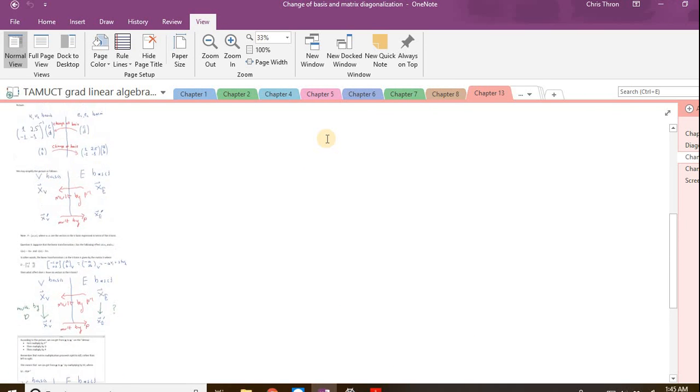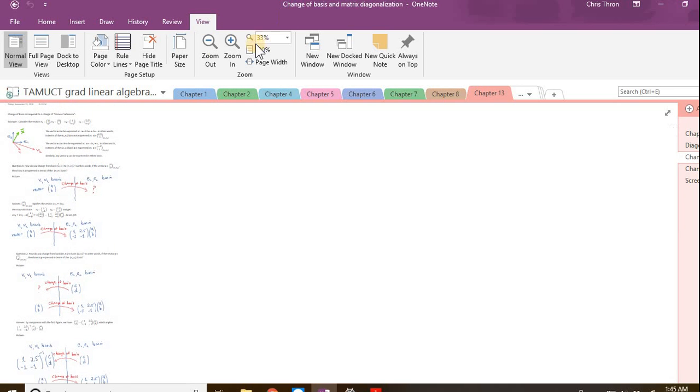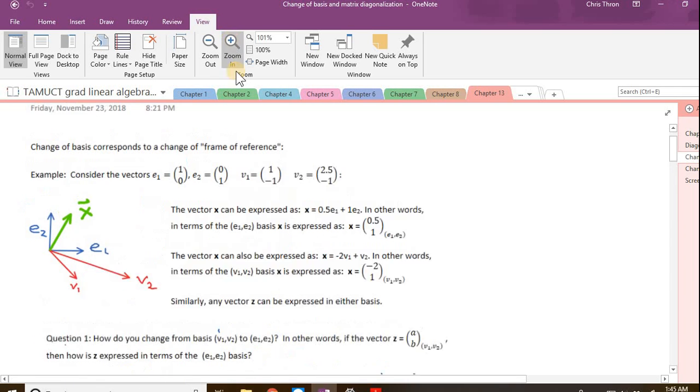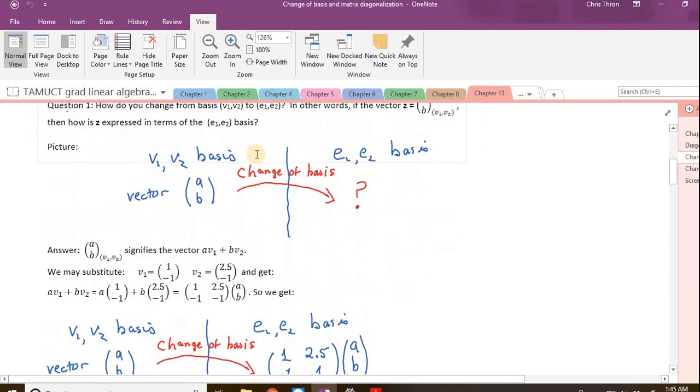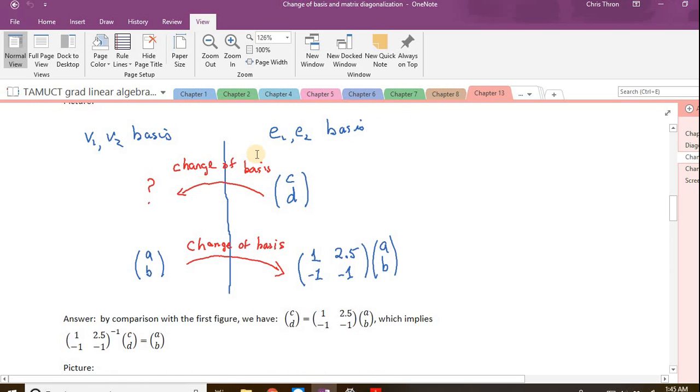Okay, in fact, it looks to me like this is exactly the situation we're looking at. Let's zoom in. That was from the YouTube video. Right, so this is on the OneNote page. You're changing from the V1, V2 basis to the E1, E2 basis. So that's this case here. So here's your change of basis matrix.